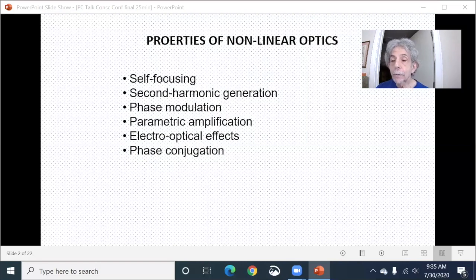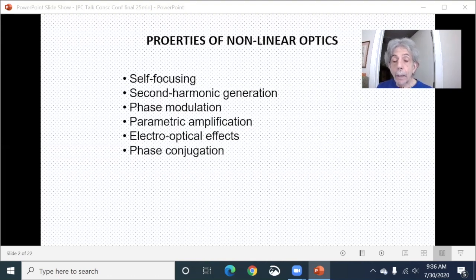Sometimes it modulates the phase and amplifies the parametric variables, and it is also called second harmonic generation, and it is ultimately called phase conjugation, which is the aspect of it that we're particularly interested in today.